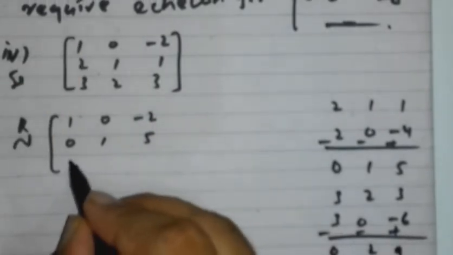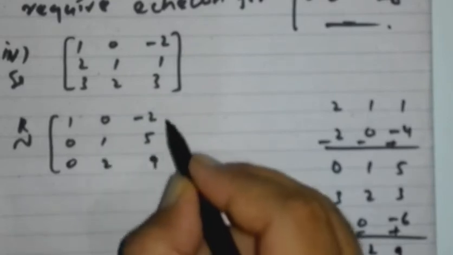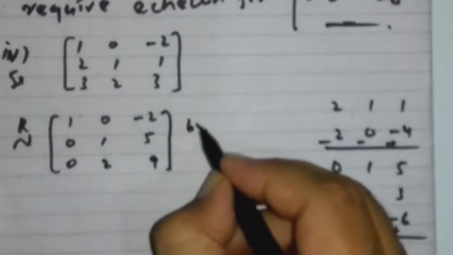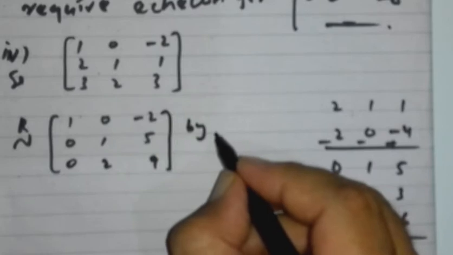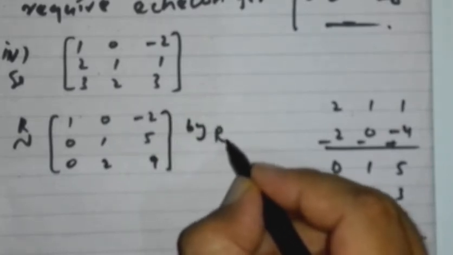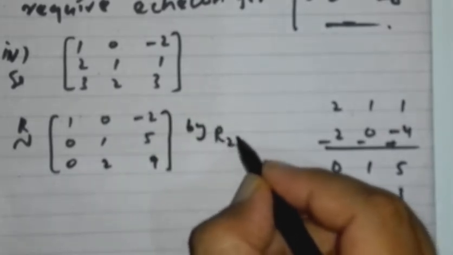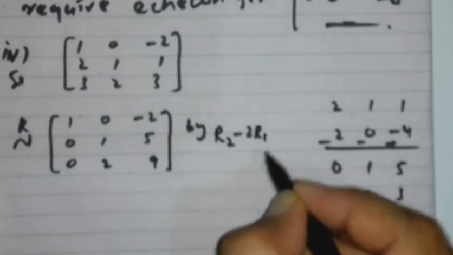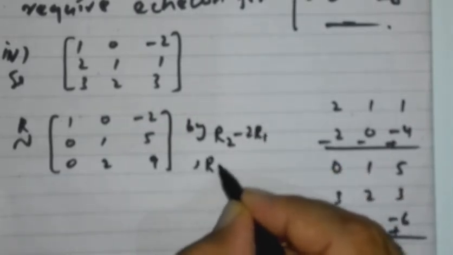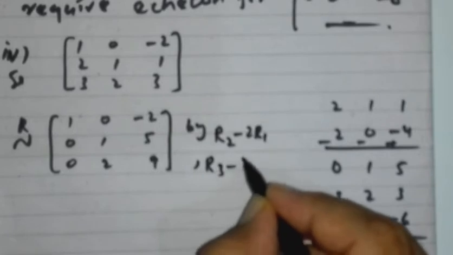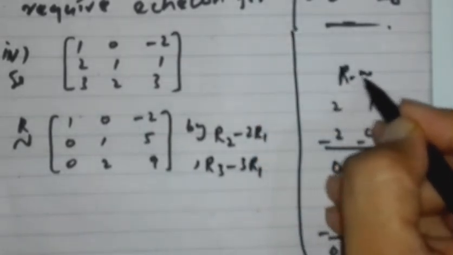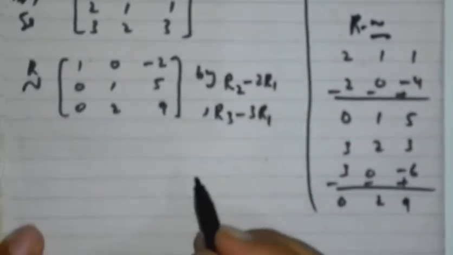So write here 0 2 and 9. How did we get this? By R2 minus 2 times R1, and R3 minus 3 times R1. This is rough calculation.